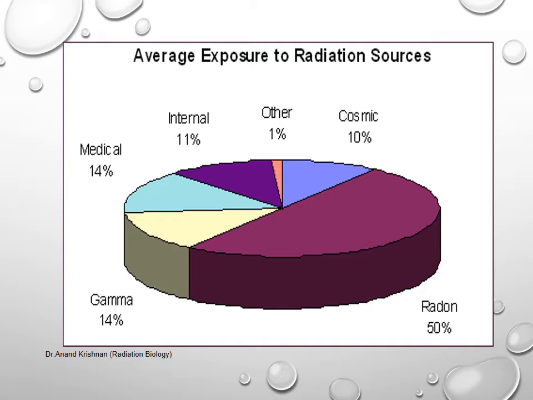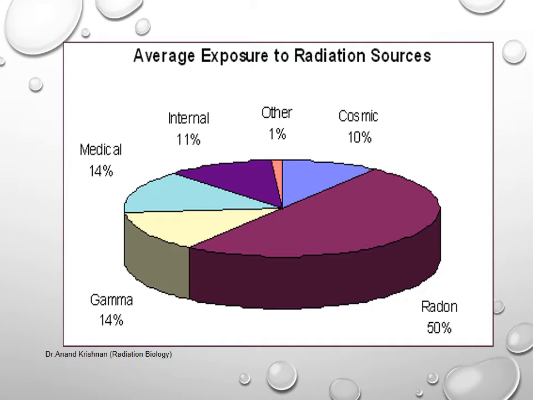We all know in radiation physics we studied the various parts of the electromagnetic spectrum: UV rays, X-rays, infrared, microwaves. One among them is X-rays and the absorption of X-rays at various levels.